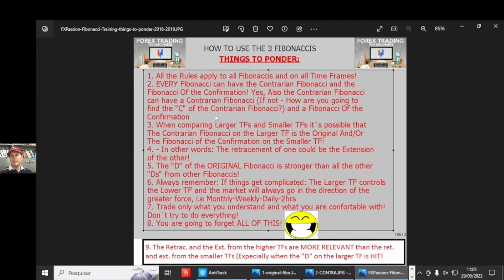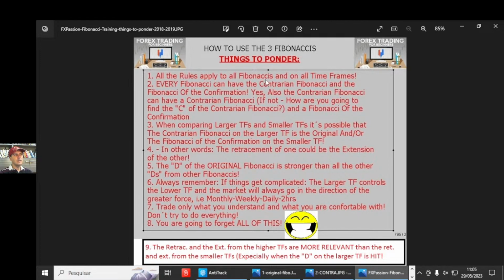You don't need to trade everything and anything, makes sense? But all the rules apply to all Fibonacci's. The original Fibonacci has the Contrarian and the Fibonacci of the confirmation. The Contrarian Fibonacci has the Contrarian Fibonacci and the Fibonacci of the confirmation. And the Fibonacci of the confirmation has the Contrarian and its own Fibonacci of the confirmation.